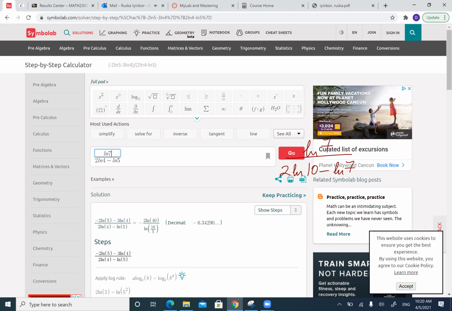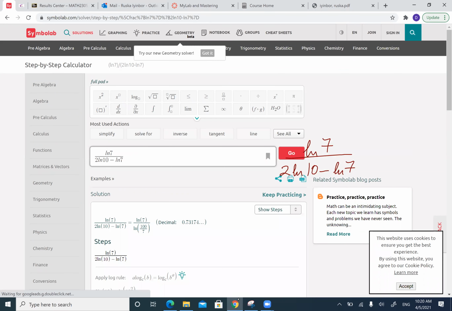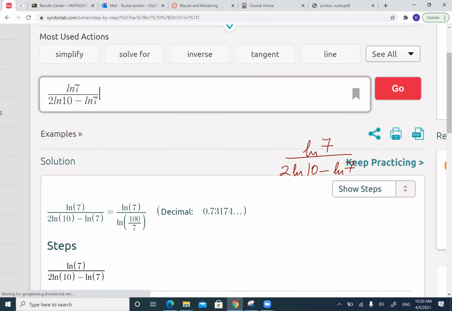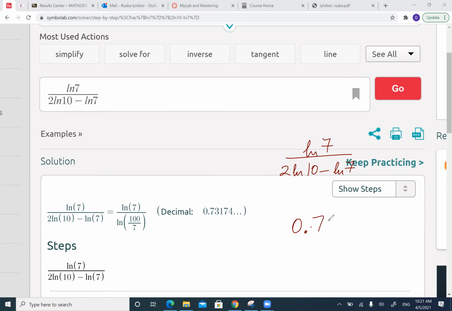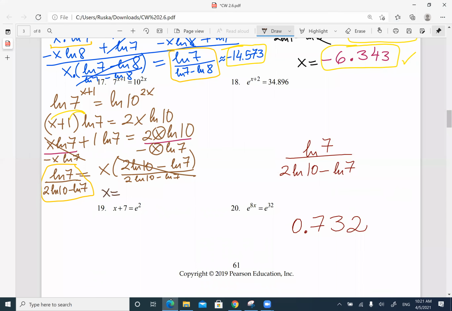And in the bottom, I have 2 ln of 10 minus ln of 7, like that. Okay? And the answer is, okay, we're going to round to, let's say, 3 decimals. 0.731 is going to change to 2. Okay, that's it. And my answer is 0.732.